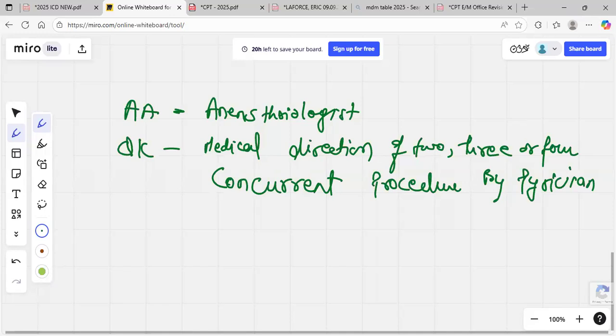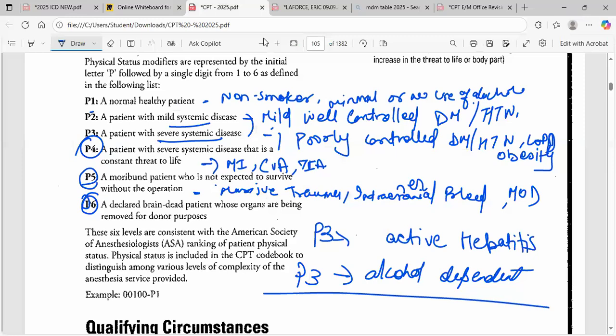Now, let's proceed further. Now we are going to discuss the qualifying circumstances. So after the modifiers, we have the qualifying circumstances. Qualifying circumstances are basically add-on codes.